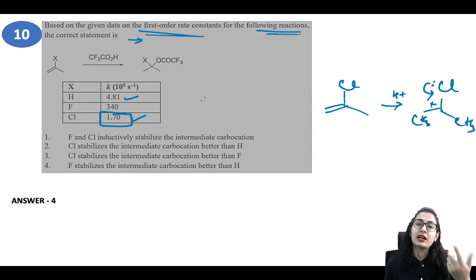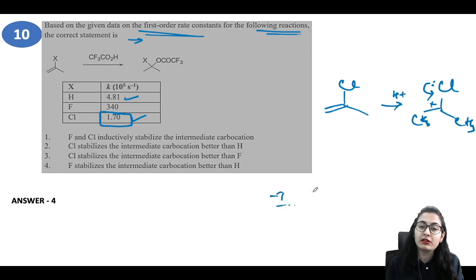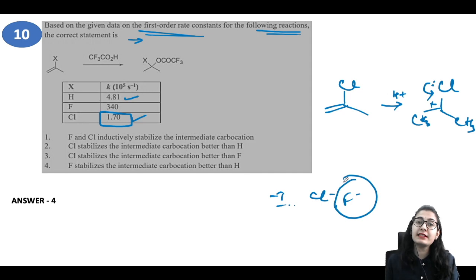Second effect is inductive effect. So because of minus I effect of chlorine and fluorine, it's going to be destabilized. So guys, do you see this minutely कि अगर minus I effect होता chlorine और fluorine का, then fluorine will be destabilizing the carbocation even more. But why is the rate of fluorine faster? Fluorine and chlorine inductively stabilize? Absolutely rubbish. Not possible. Chlorine stabilizes the intermediate carbocation better than hydrogen?